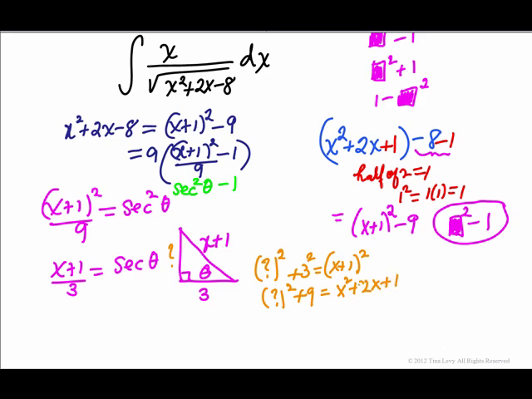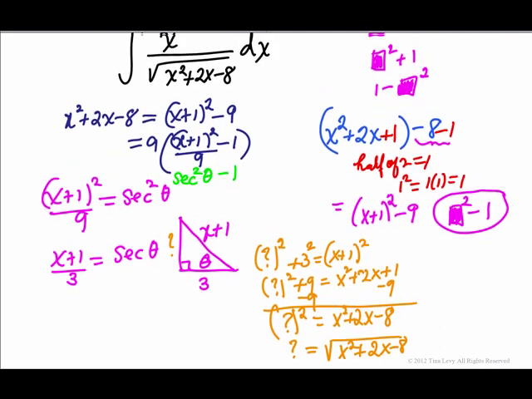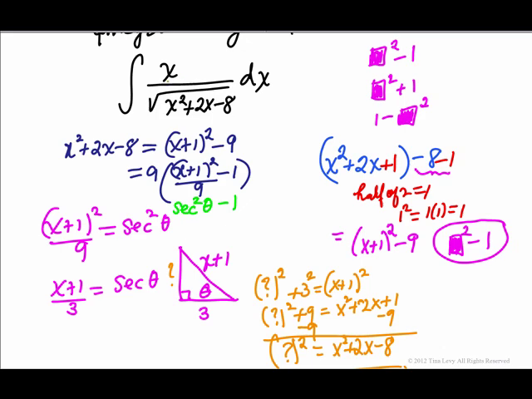And by subtracting 9, we get that that question mark squared is x squared plus 2x minus 8. Okay, so now that means that that missing side is the square root of x squared plus 2x minus 8. And that's good to know, because if we go back to the problem, what we get for that missing side should be what we have in the integrand.